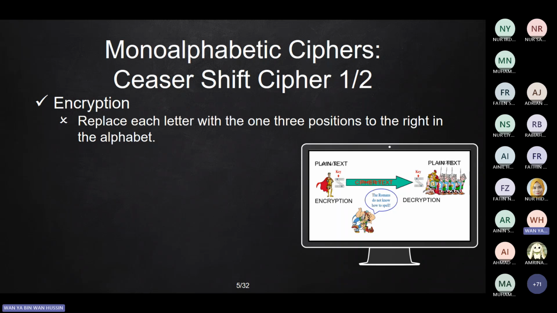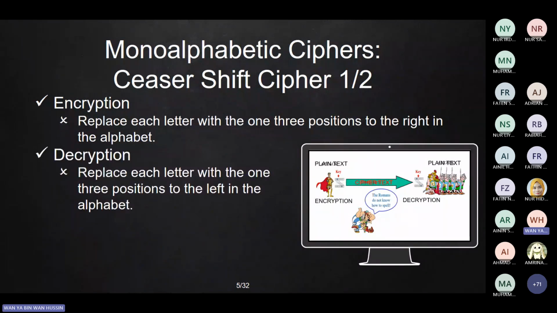If the key is not 3, we call it shift cipher. But there are some authors who prefer to maintain the term Caesar shift cipher when the key is not 3. If you have that kind of question, you can ask me.